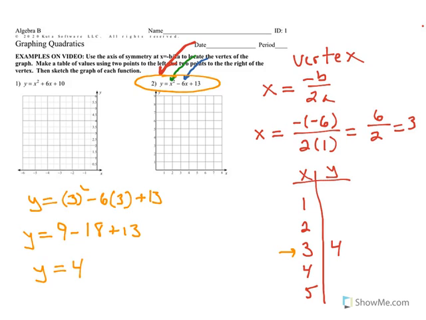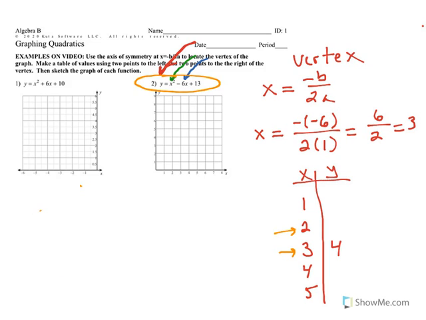And let's put in another x value, so let's put in 2. So y equals, we'll put in an x value of 2, so since it's x squared, it's going to be 2 squared minus 6 times 2 plus 13.